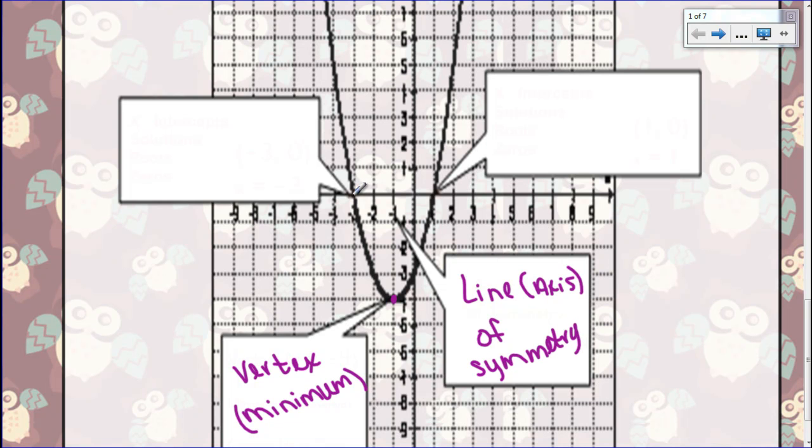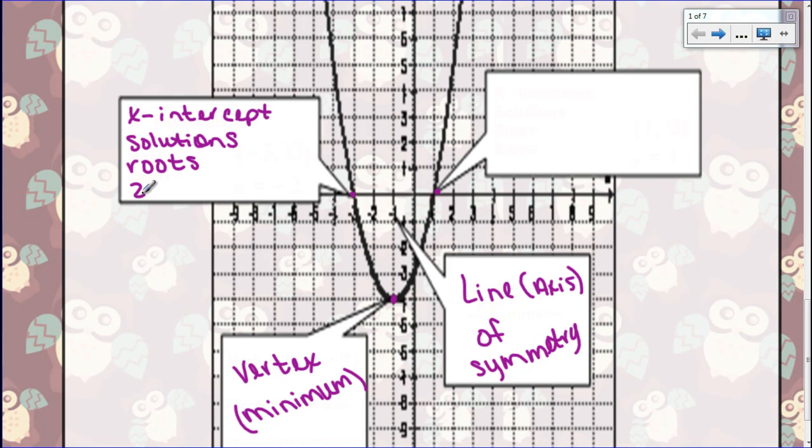And then these 2 points right here, there's one on the left and one on the right, they have the same names, and they have multiple names. This is called an x-intercept, because that's where it crosses the x-axis. Sometimes they are also called solutions, because the answers to any quadratic equation are going to be where it crosses the x-axis. Sometimes they're also called roots.